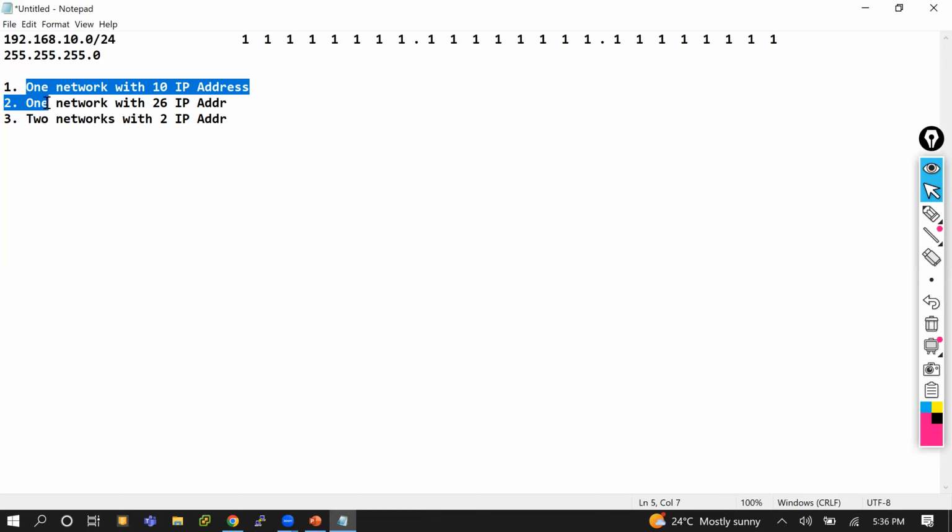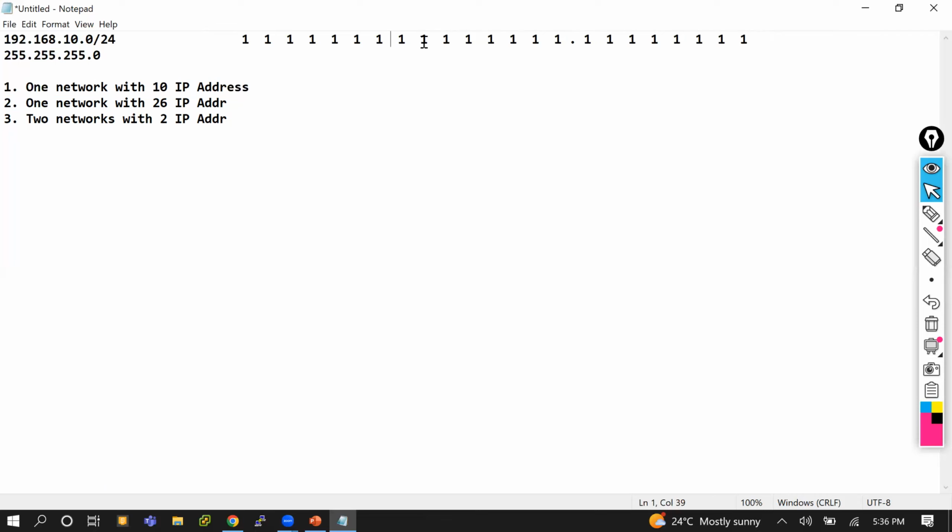Now in the VLSM, along with the networks, they define in each network how many IP addresses are required. Okay, now I'm going to take this class. So this is class C.